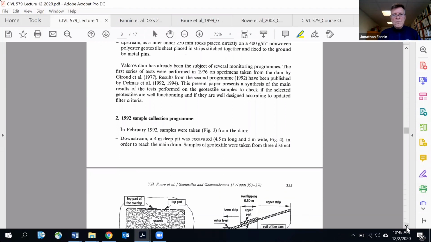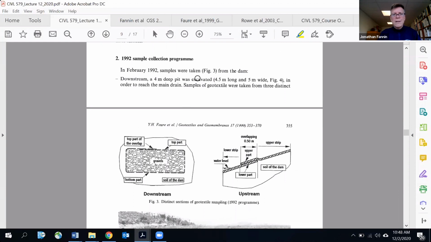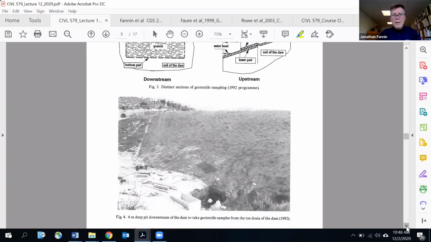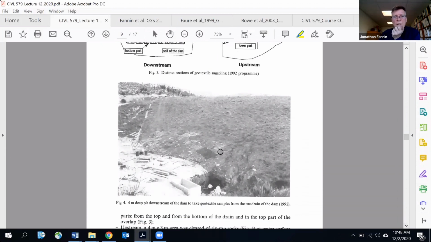Okay, so there's a description here of the sampling. There we go. Not inconsiderable works. Okay, here's the test pit. I'm not too sure what WorkSafe BC would say about people working in a 4-meter deep pit.